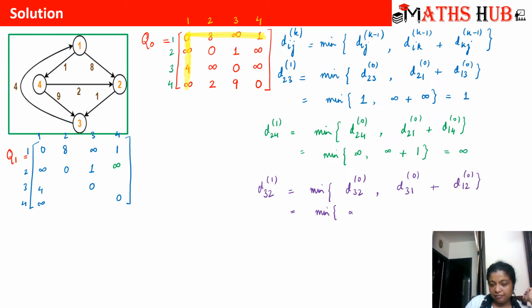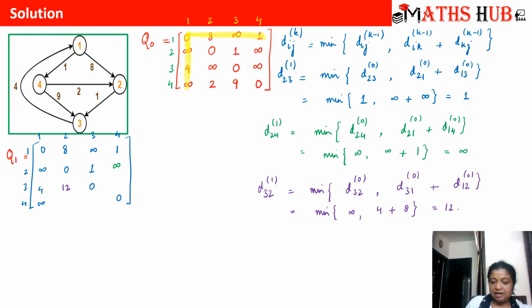D32 is infinity. What is D31? D31 is 4 plus D12. D12 is 8, right? So you can see we are getting 12 over here. So the minimum of infinity and 12 will become 12, right? So you can see that the entry is getting improved from infinity. We are getting 12, right?